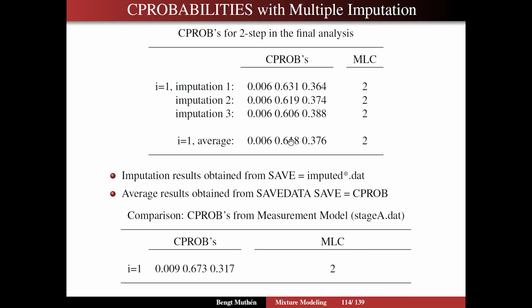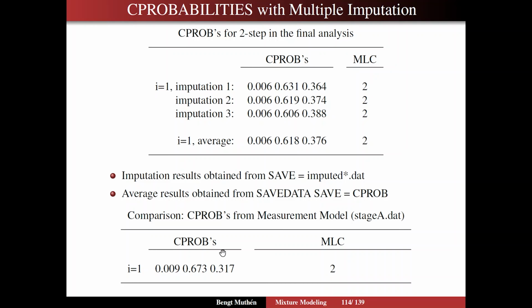So that's from the final analysis, and you can compare that to the C probabilities from the measurement model, and there is no imputation here because we imputed with respect, there's no measurement error there. So for individual 1, you have these C probabilities, which can be compared to the average up here.